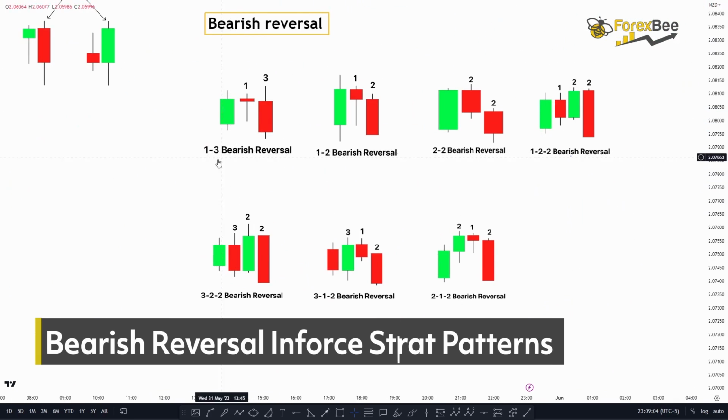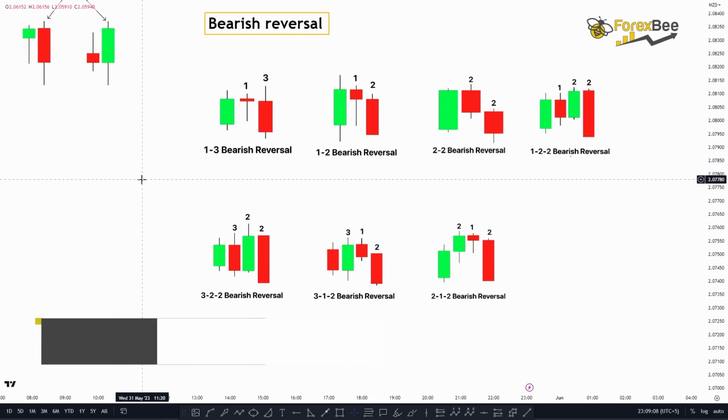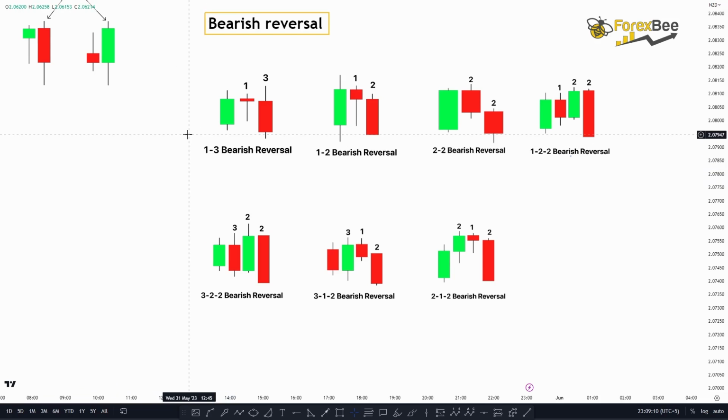So here you can see that this is a 1-3 bearish reversal. If you remember earlier, what we discussed is that 1 is the inside bar. So this one is the inside bar. Here we can see that this inside bar is forming because the previous candle's high is here and low is here, and this next candle is forming within the range of this previous candle.